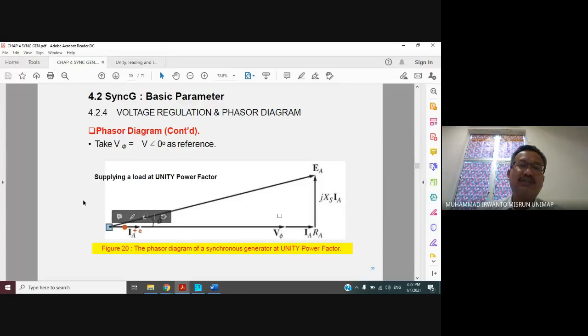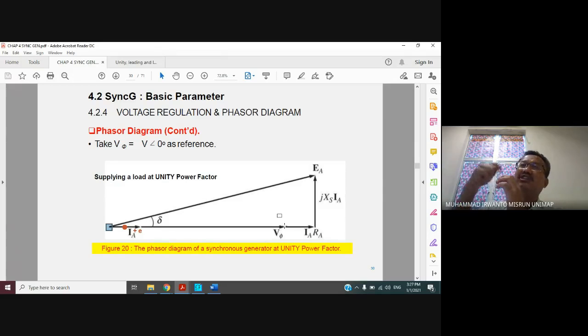So first you draw the phase voltage, the terminal voltage, like this. Second, you can draw the armature current. Remember, when you draw the armature current, consider the power factor, cos theta.